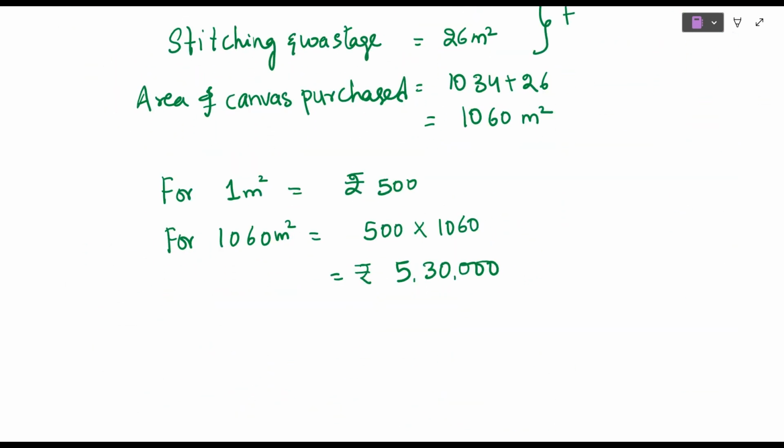For 1 meter square of canvas, the cost is 500 rupees. So for 1060 meter square, the cost is 500 into 1060. Multiply, you will get the answer: 5,30,000 rupees. This amount will be required to purchase this much canvas.